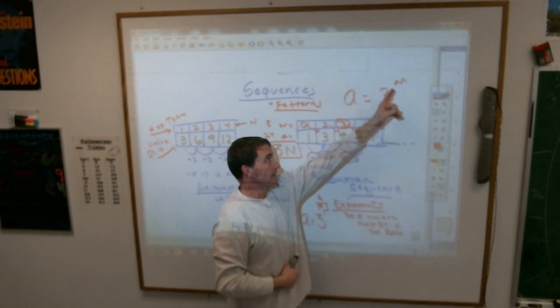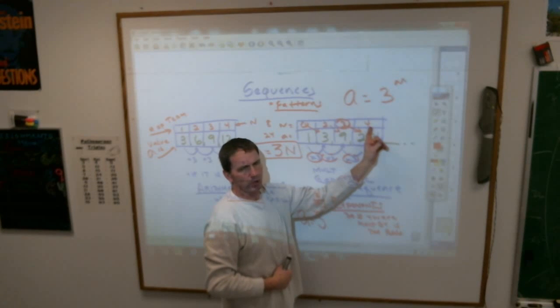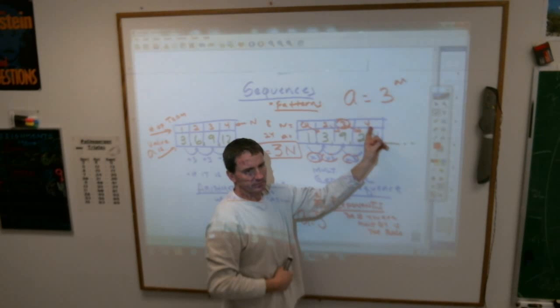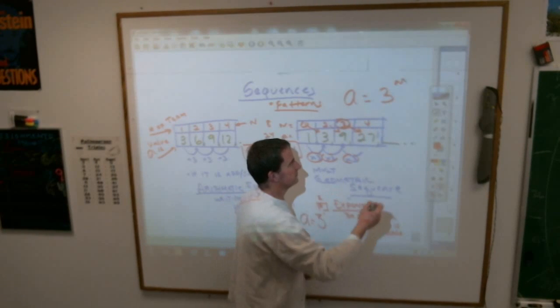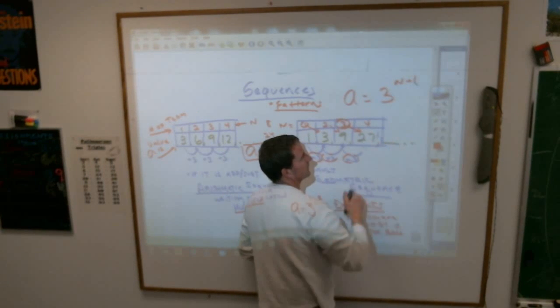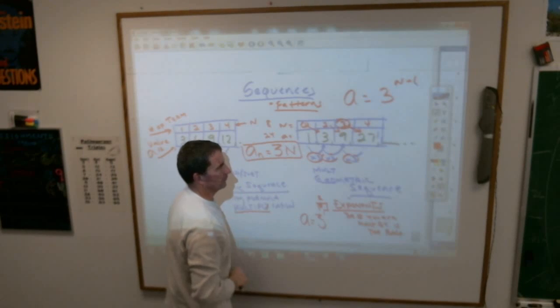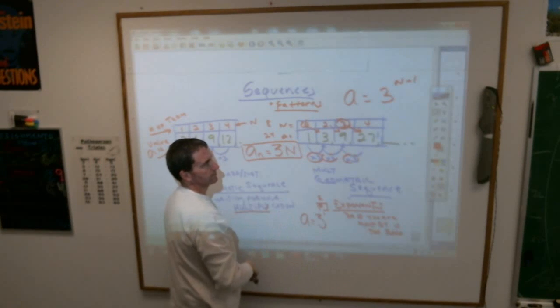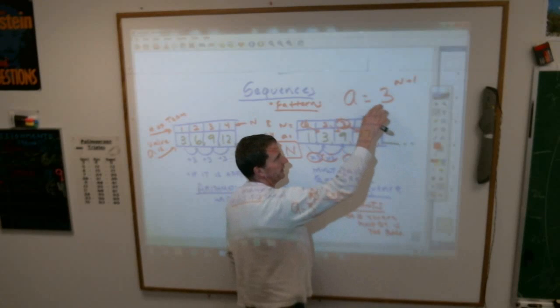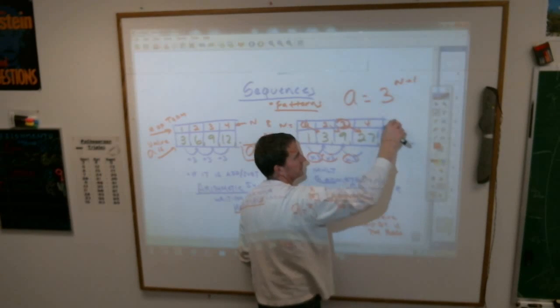What would I do to n? Instead of it being 3, I want it to be a 4. It's a tough one. If you have 3 and you want it to become a 4, what would you do to it? Add 1. And there is your formula: A equals 3 to the n plus 1.